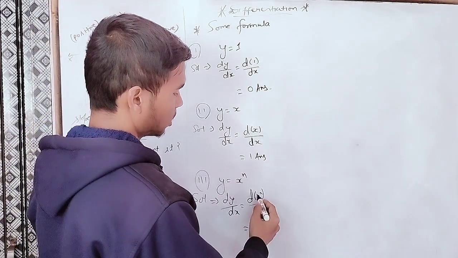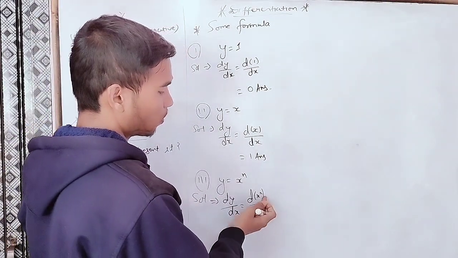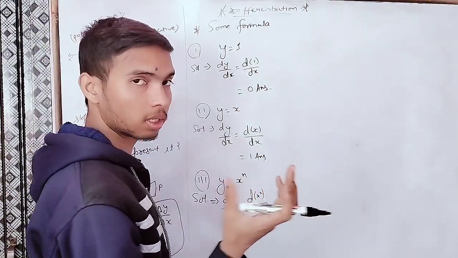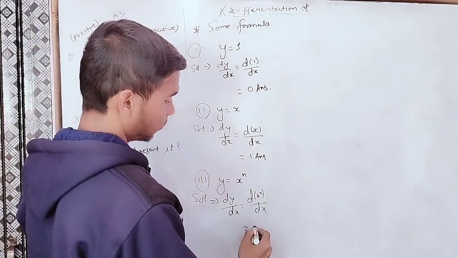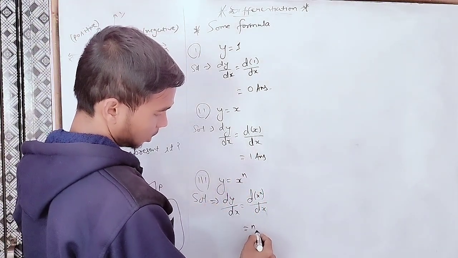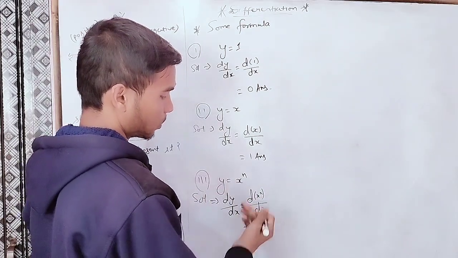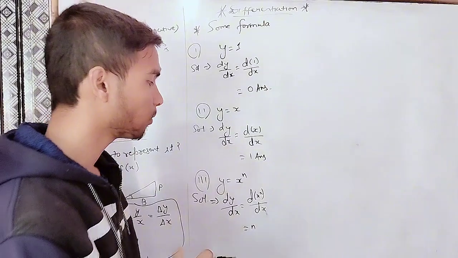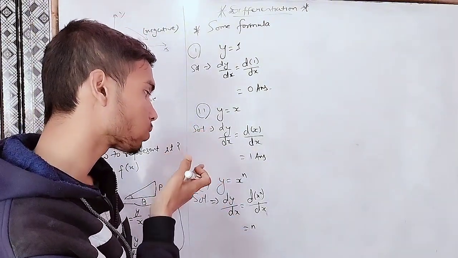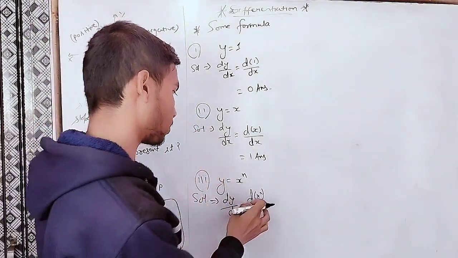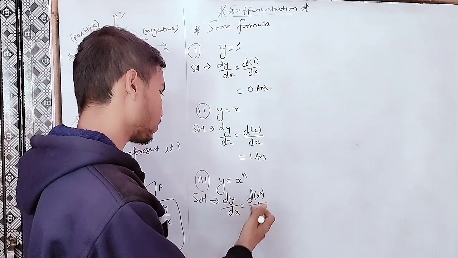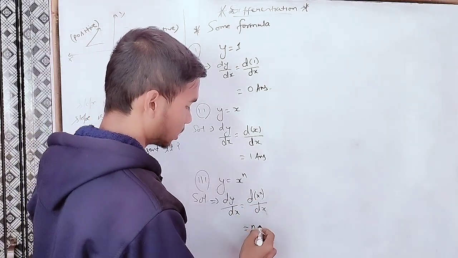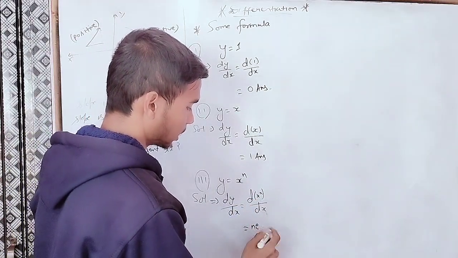So here x to the n. The exponent we write first with the base. So the base is x, so with x we write the exponent n, then x.